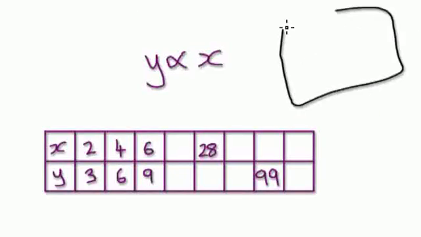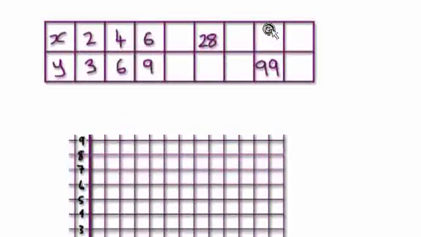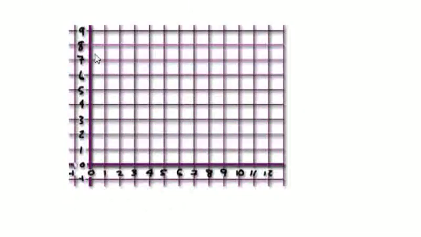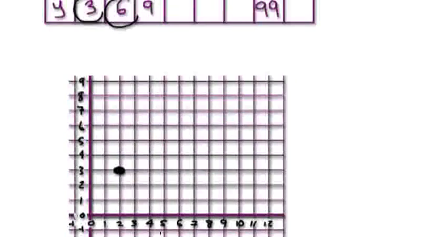Now, when you have this kind of relationship, you can actually plot it. When x is 2, y is 3, so that would be here. When x is 4, y is 6, so that would be here.